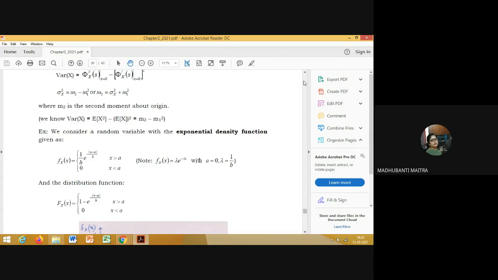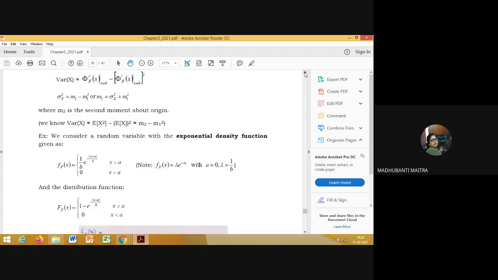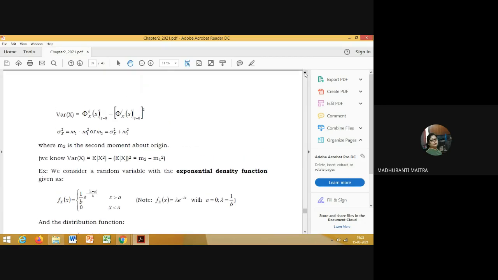First of all, find out the distribution function. The density function is given, so find out the distribution function.